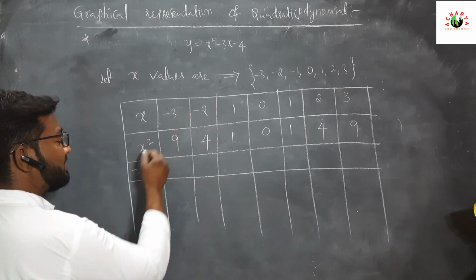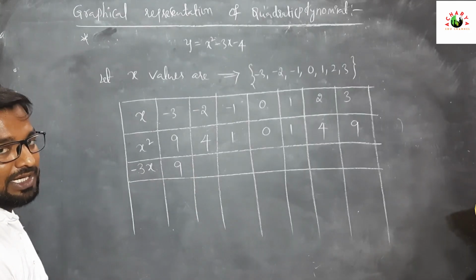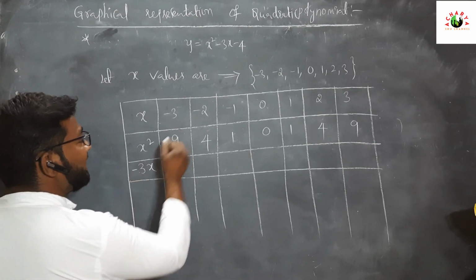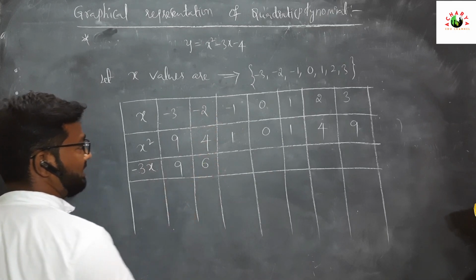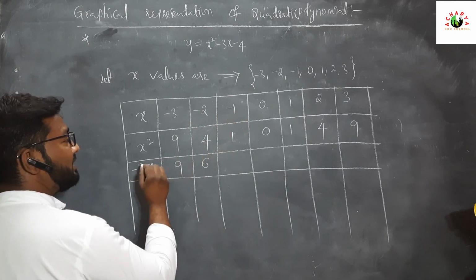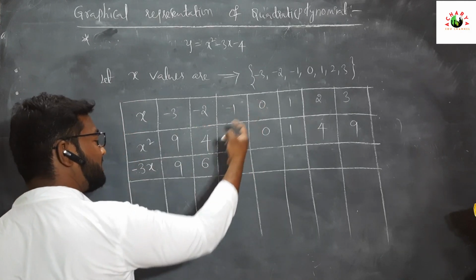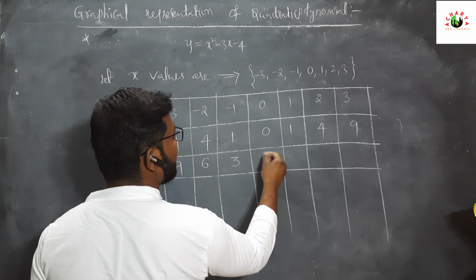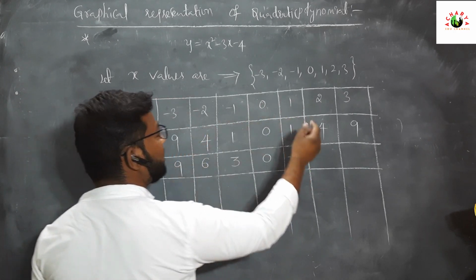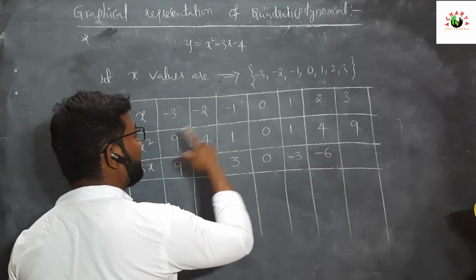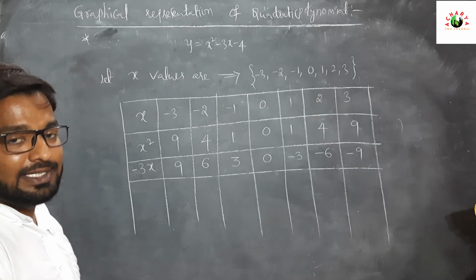Minus 3 into 2 is minus 6. Minus 3 into 3 is minus 9. These are all the minus 3x values.